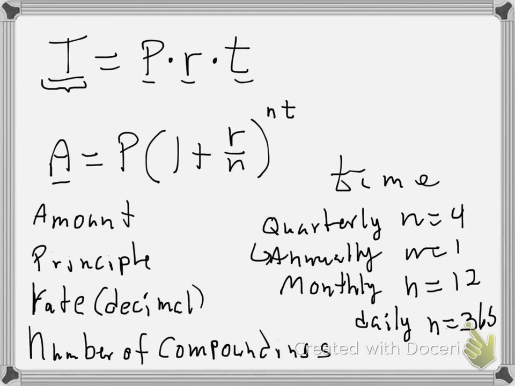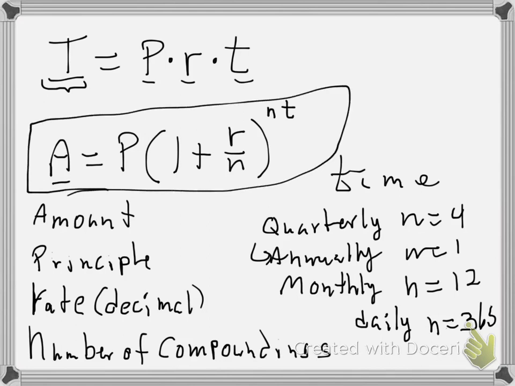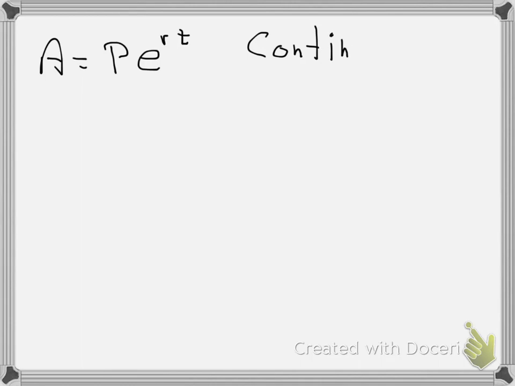Okay. So those are two equations. And this is kind of an important one. And the other important one is A equals P times E raised to the RT. And this is for continuously compounded interest.